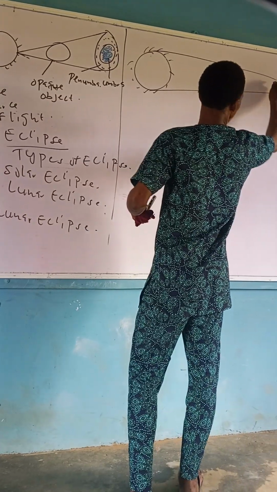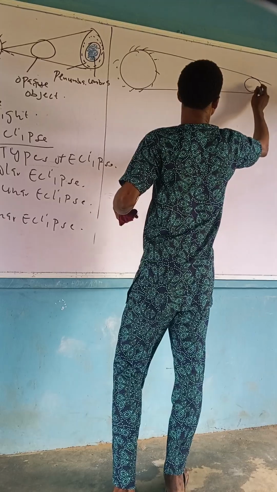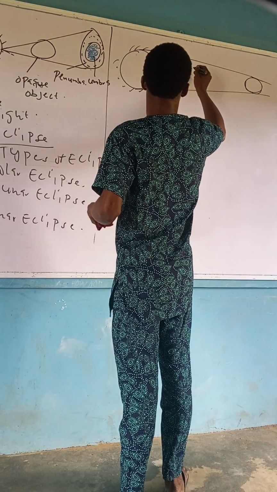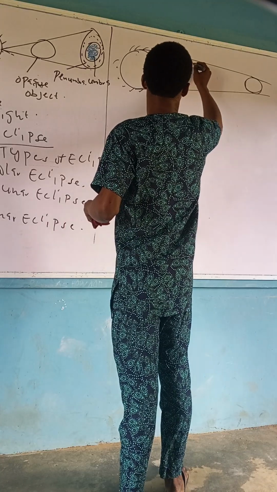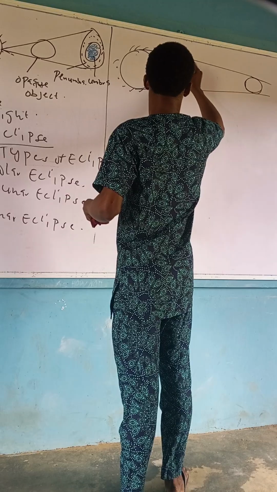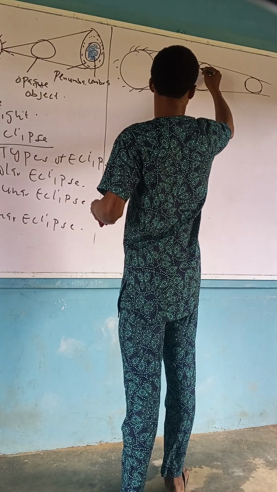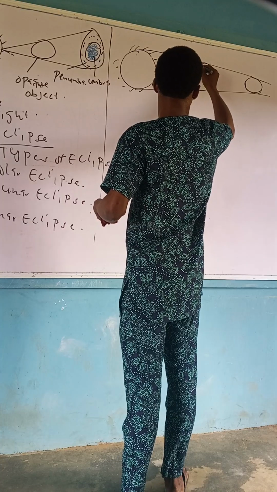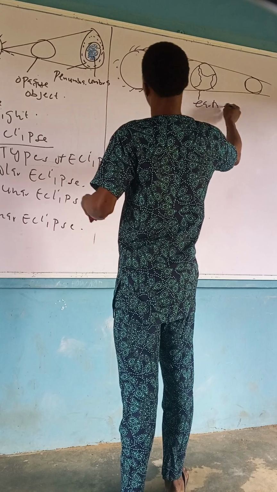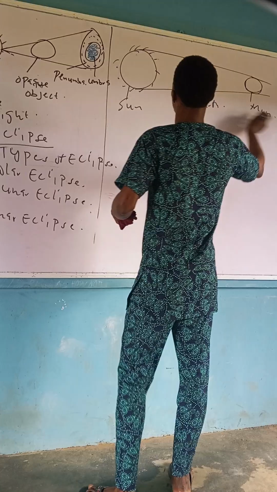And let me assume that this is the moon, and the earth is coming in between. Please don't mind my drawing. This is the sun and this is the moon.